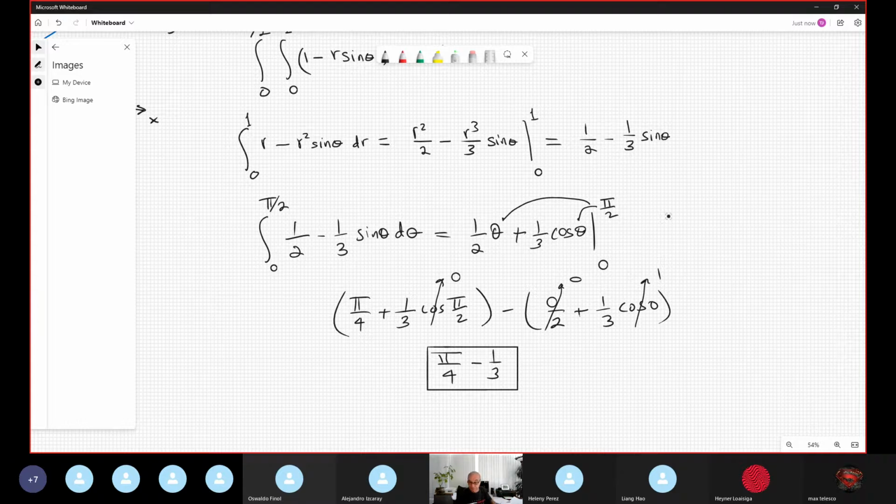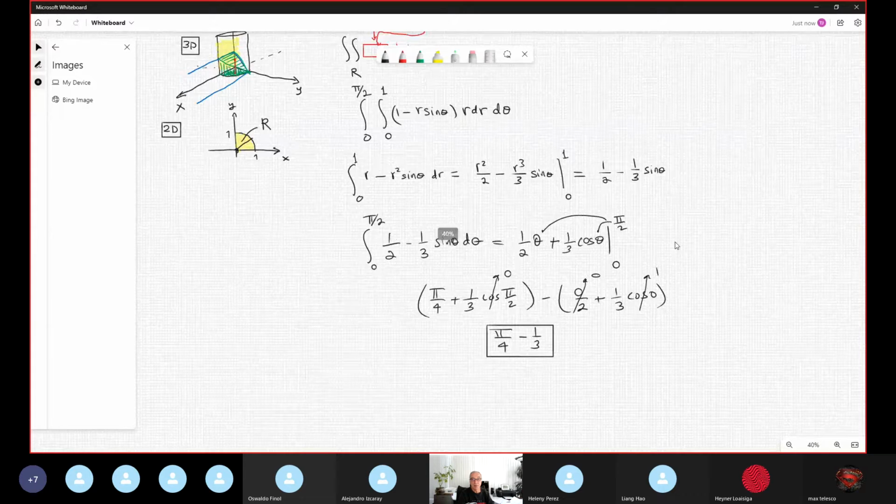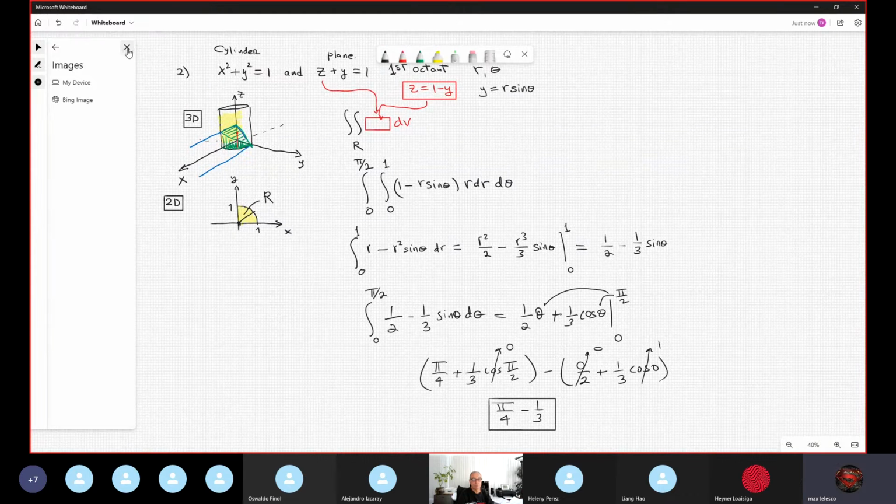Any question? Professor? Go ahead. When you switch to polar and set up your double integral, why do you always put an extra r next to the dr? This is the Jacobian. Remember, we are doing a change of variable. We have the original coordinates xy, and you change to r and theta. When you change variables, do you remember the Jacobian? Yeah. The Jacobian is standard.